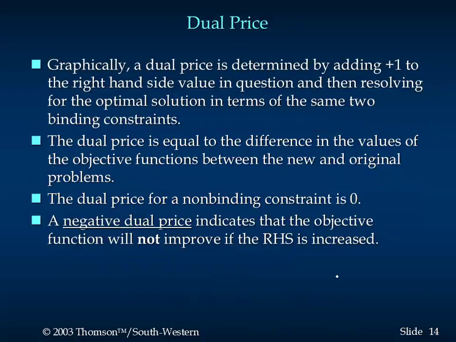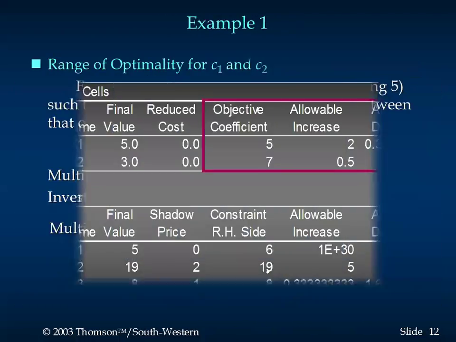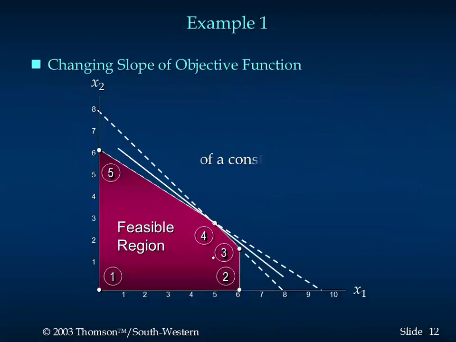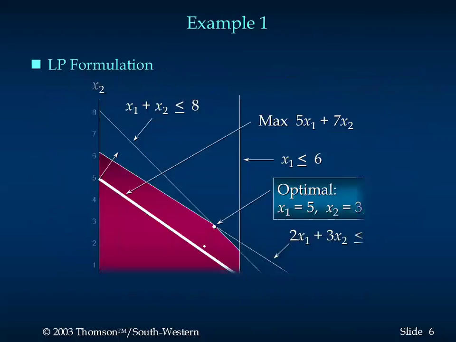Graphically, a dual price is determined by adding 1 to the right-hand side value in question and then resolving the optimal solution in terms of the same binding constraints. As I was saying here, I've increased this by 1.